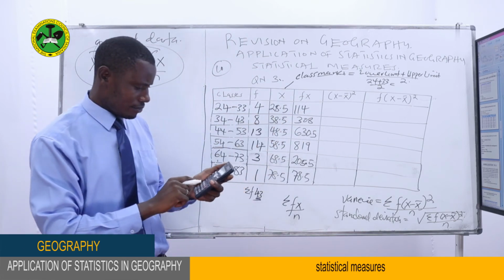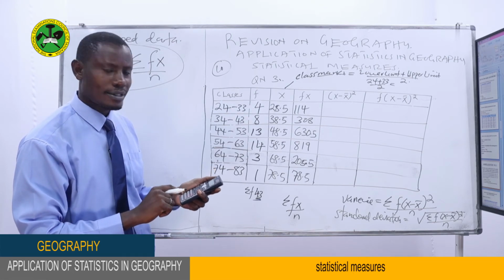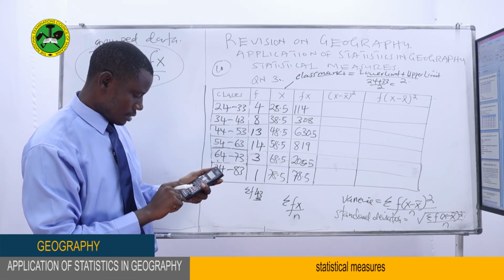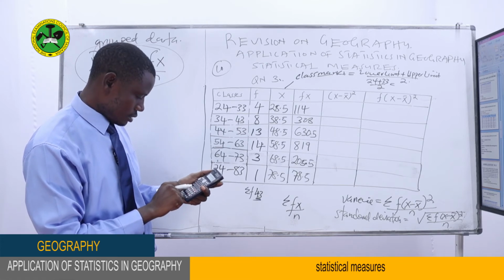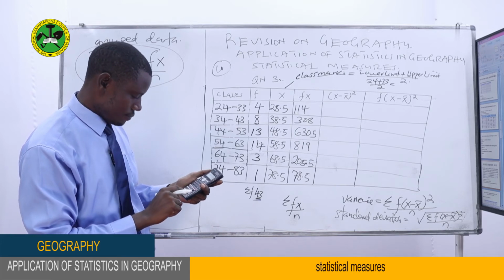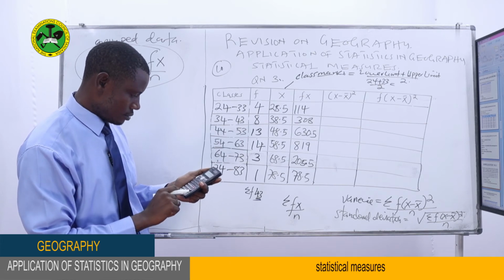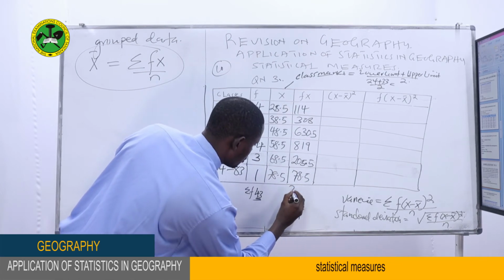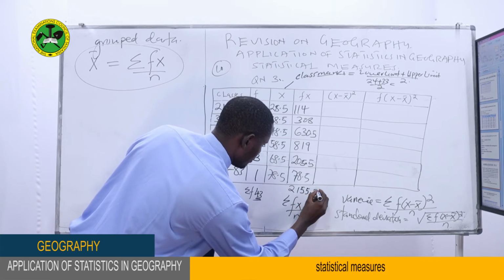It means you take 114, we plus 308, we plus 630.5, we plus 819, we plus 205.5 plus 78.5. Then we come up with a total of 2155.5.